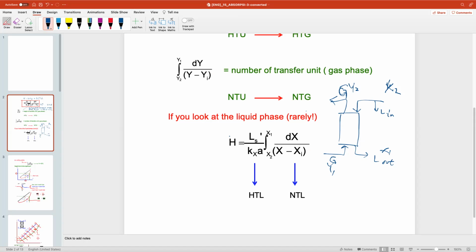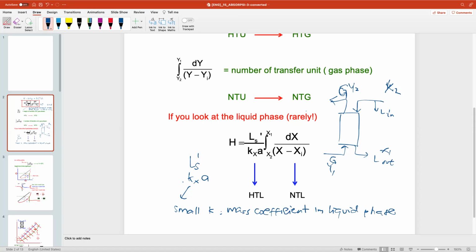If you look at it from the liquid phase, then you find it from Ls', the superficial flow rate of your liquid, and from kxa, small k, which means the mass transfer coefficient in the liquid phase.